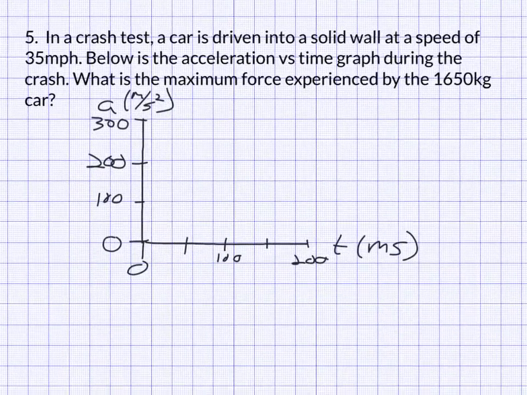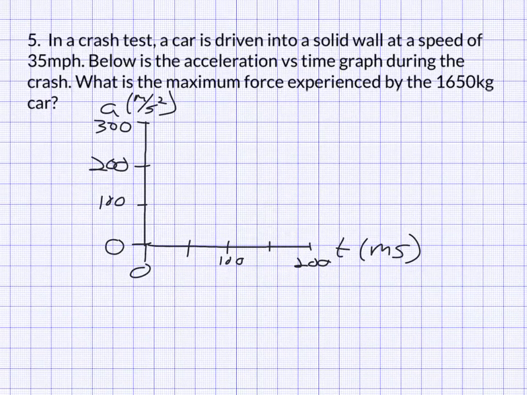Crash tests. Okay, driving a car into a wall fast. Well, actually, that's 35 miles per hour. That's not meters per second. So below is the acceleration versus time graph. Here's the actual drawing of this.